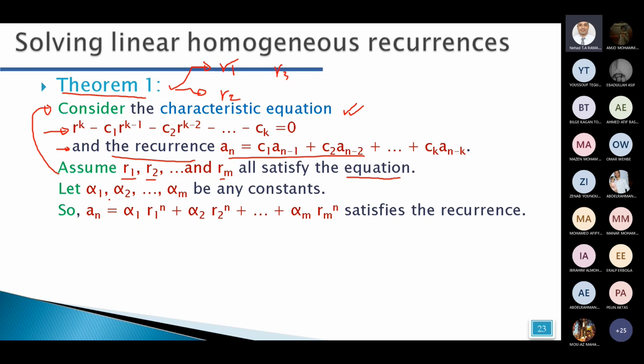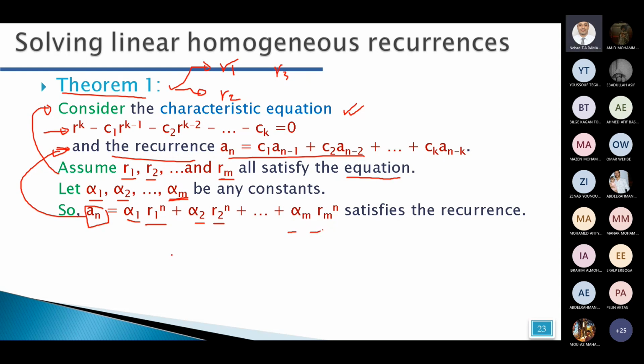Okay. And we have some constants that we don't know, alpha 1, alpha 2, until alpha m. If we have m solutions, we have m alphas, m constants. Then a_n, which is the solution for the recurrence relation, is equal to the first constant multiplied by the first solution r1 power n, plus the second constant multiplied by r2, the second solution, power n, and so on.